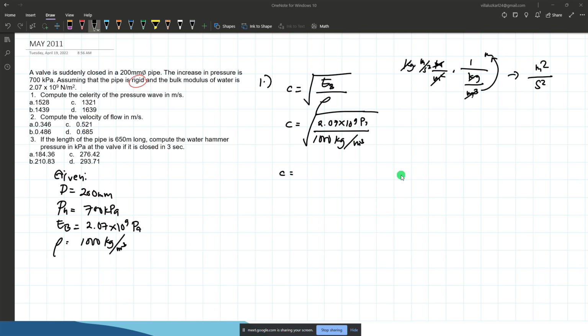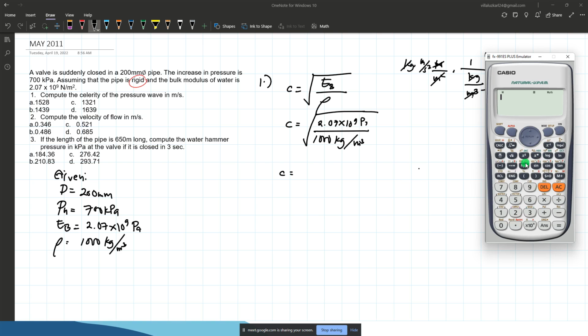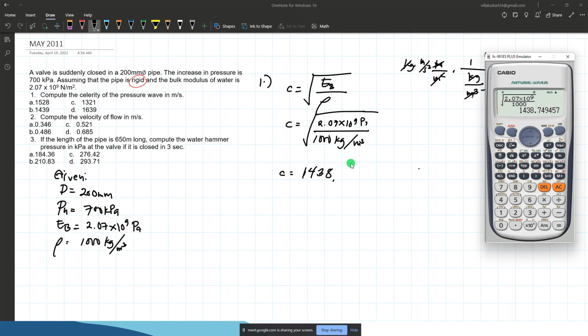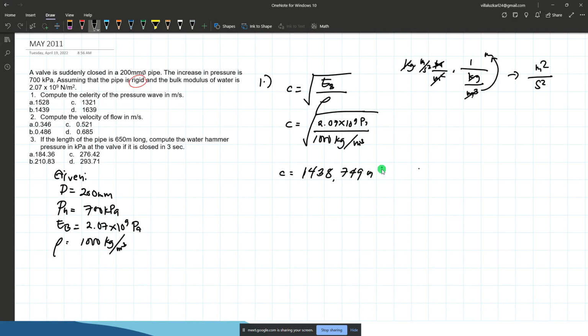So let's solve this. Square root of 2.07 times 10 raised to 9 over 1000 kilograms per cubic meter. So the answer is 1438.749 meter per second. That's the answer for the celerity for instantaneous closure.